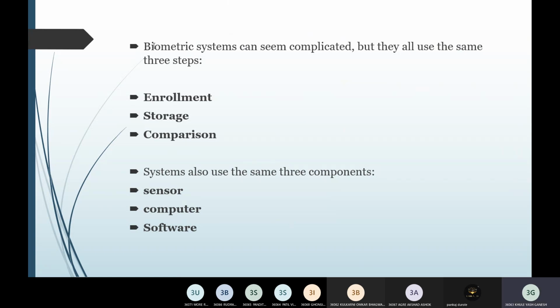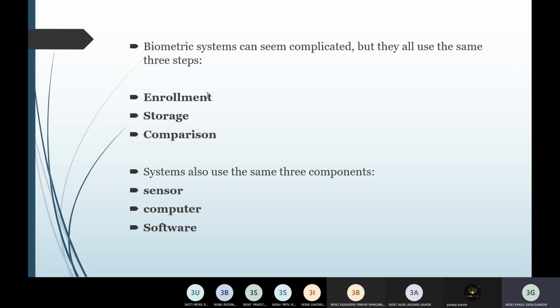Enrollment. The first time you use a biometric system, it records basic information about you, like your name or an identification number. It then captures an image or recording of your specific trait. Second, storage. Contrary to what you may see in movies, most systems don't store the complete image or recording.